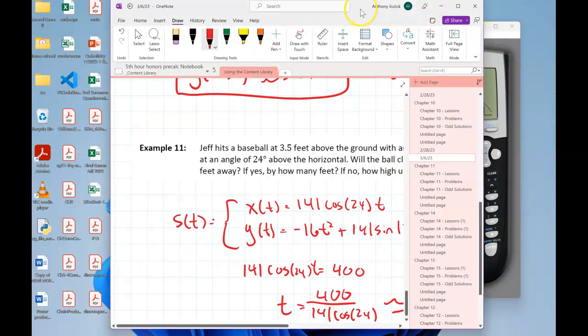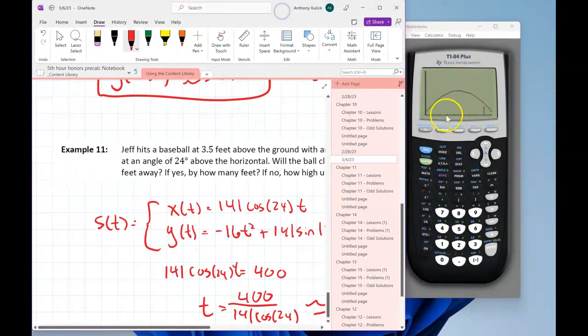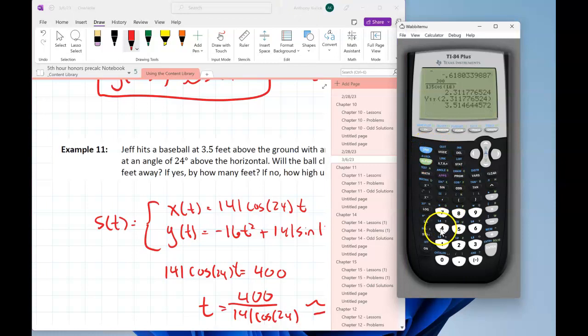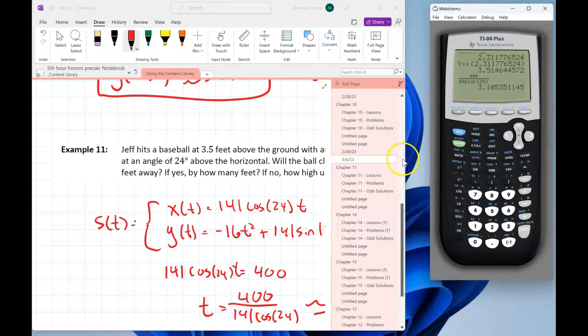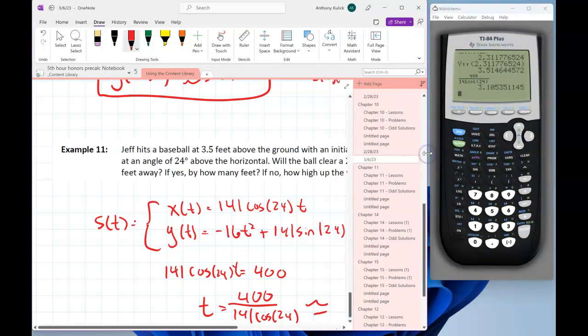I'll just see what that is real quick. So about 3.11 seconds.